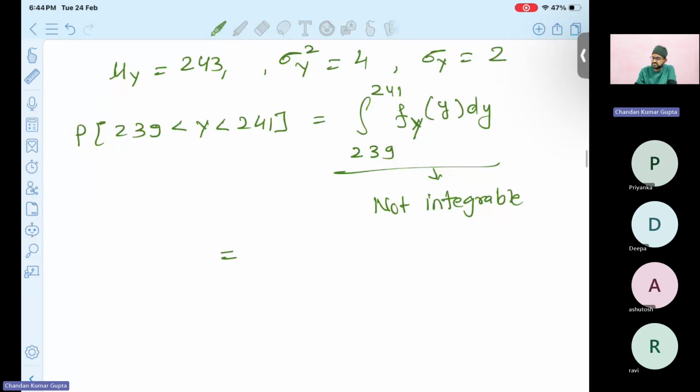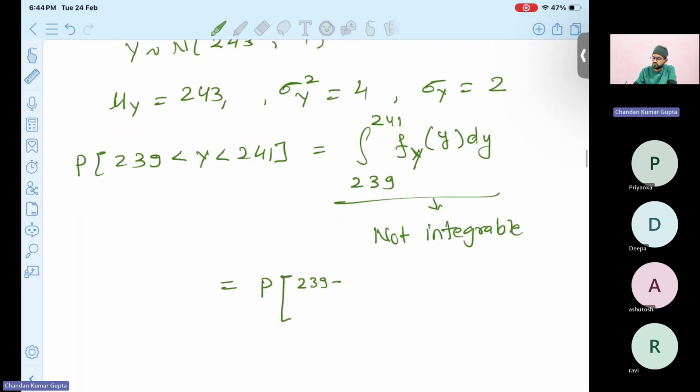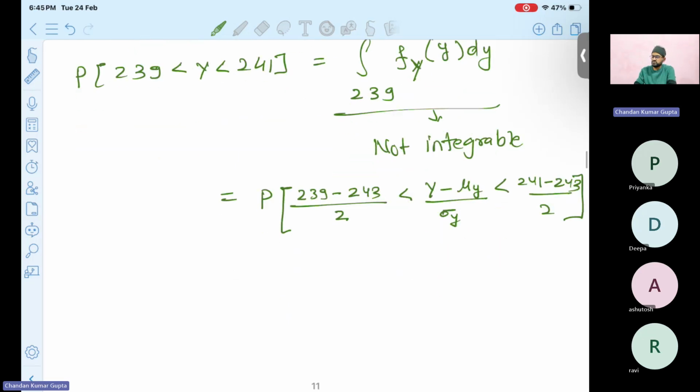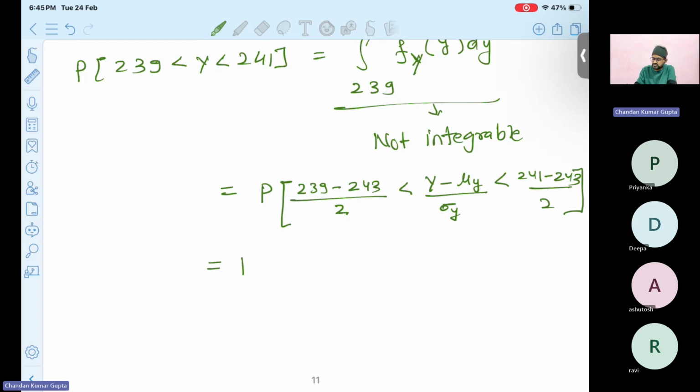First we standardize. The probability can be written as 239 minus the mean 243, divided by the standard deviation 2, that is (Y minus mu Y) divided by sigma Y, up to 241 minus 243 divided by 2. This transformation is denoted as Z. 239 minus 243 is minus 4, divided by 2 gives minus 2.